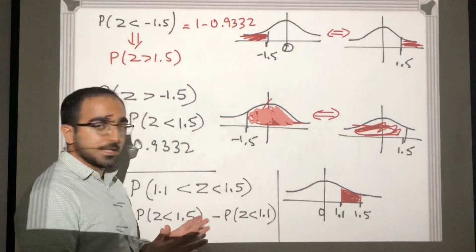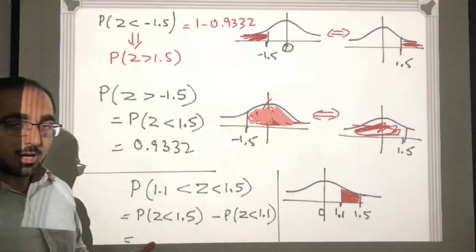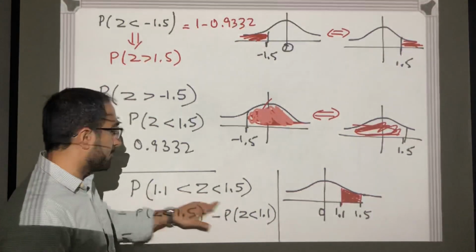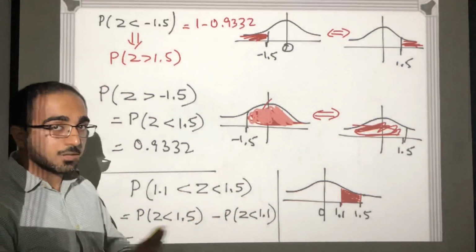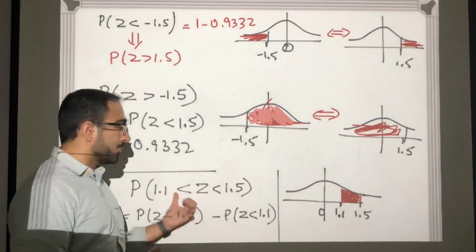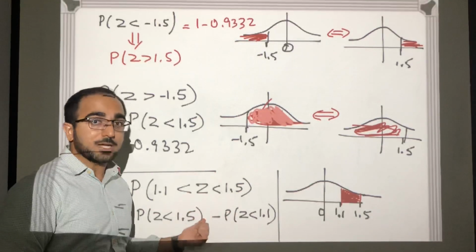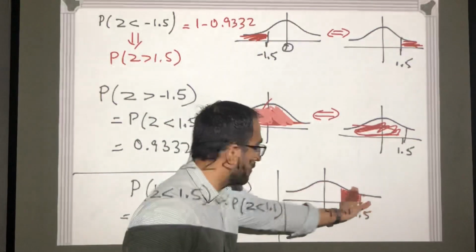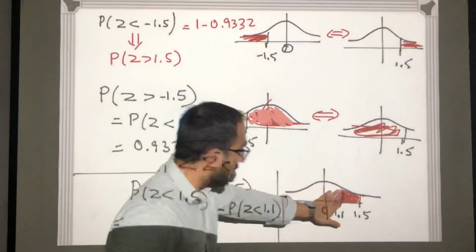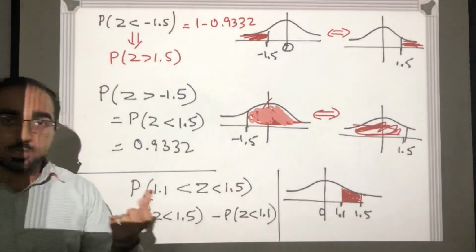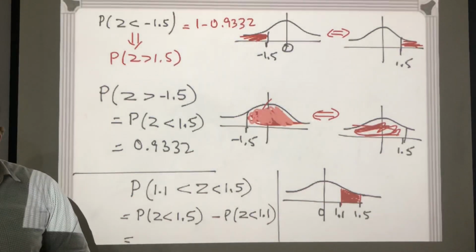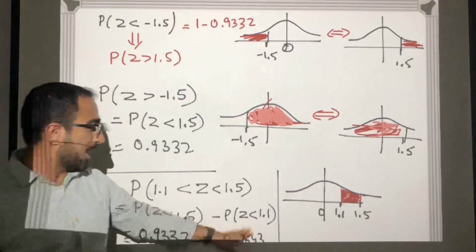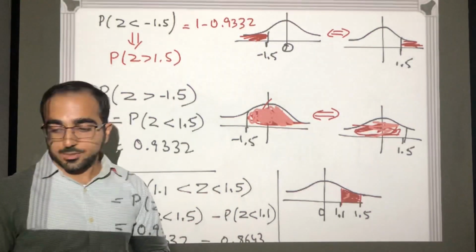When you subtract these two, that will be the answer then. So it's less than 1.5 minus less than 1.1, not greater than. It's less than 1.1 because it's the areas that you are taking into account. So the areas need to be subtracted. All of 1.5 minus all of 1.1 will give you the area between 1.1 and 1.5. So to take that into account, that will give you 0.9332 and 0.8643, right?